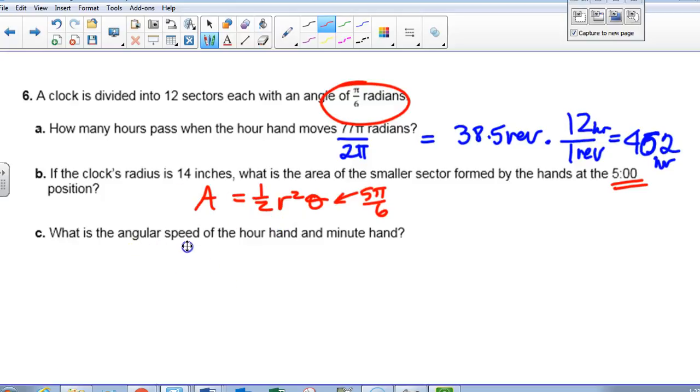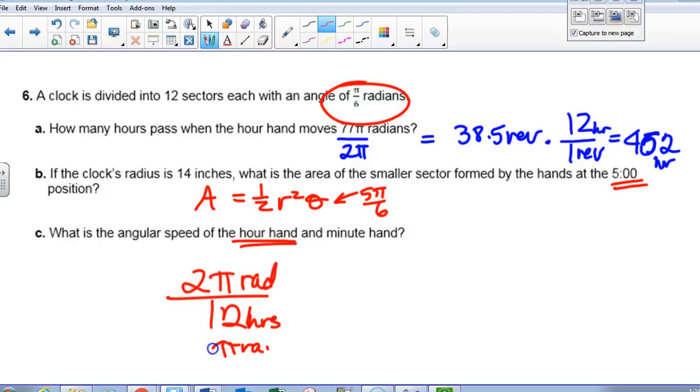What is the angular speed of the hour hand? Okay. How fast is the hour hand going around, guys? Takes 12 hours to go around once. So yes, that's 2 pi radians in 12 hours. Or pi radians every what? 6 hours. You can give me a decimal, I don't care.